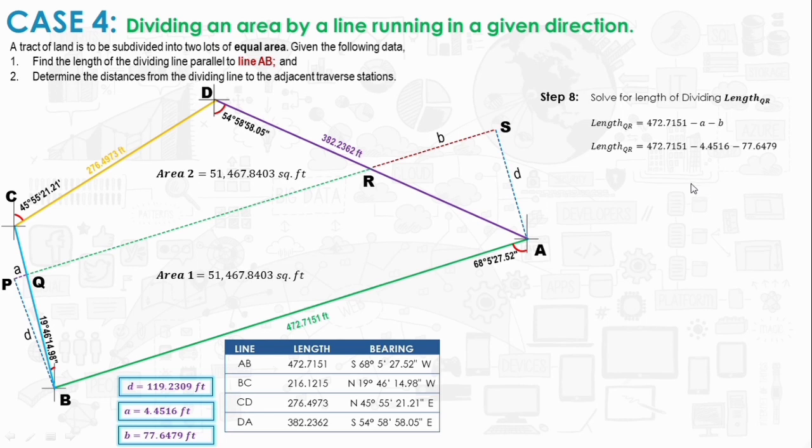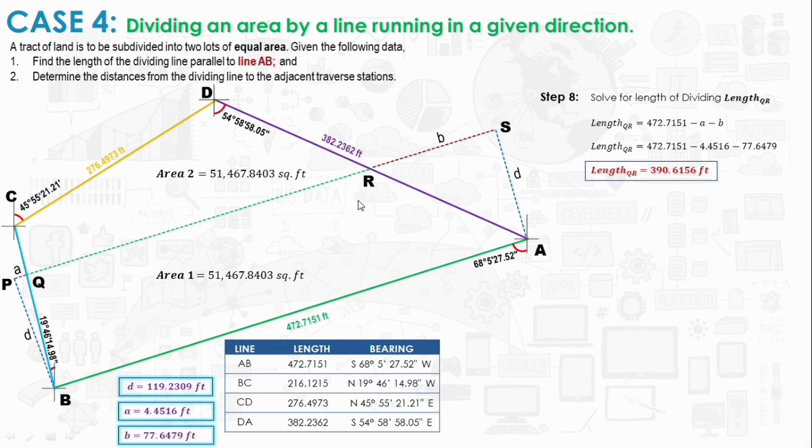So, therefore, the length of the dividing line QR is equal to 390.6156 feet. So, yan yung magiging length ni QR.